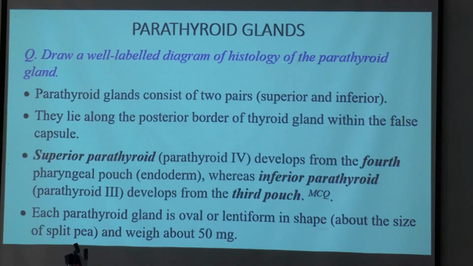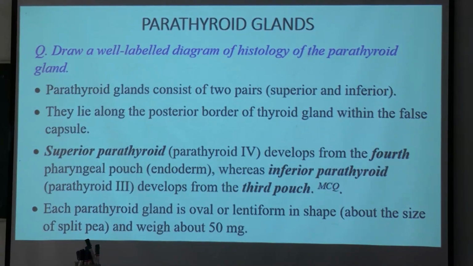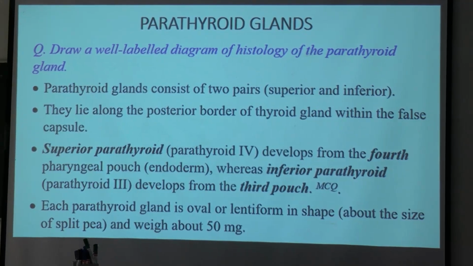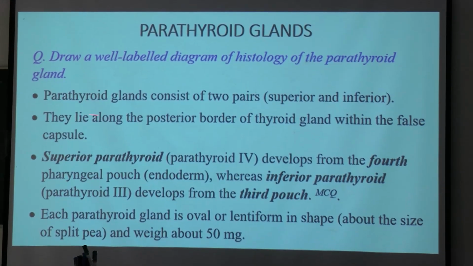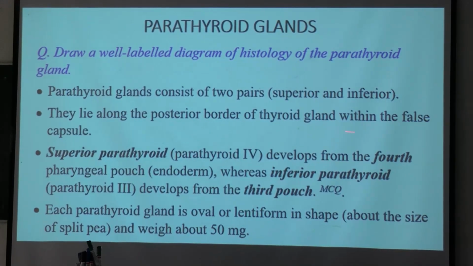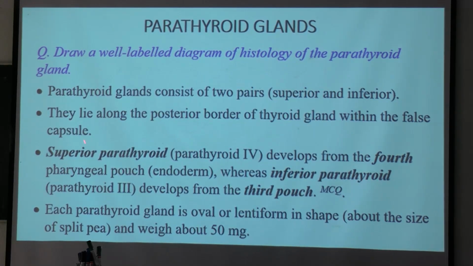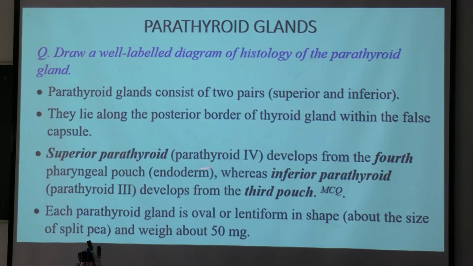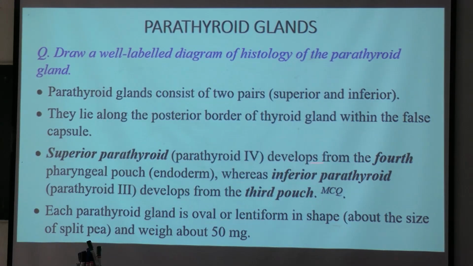So parathyroid glands, they consist of two pairs, superior and inferior parathyroid, and they lie along the posterior border of the thyroid gland within the false capsule. Superior parathyroid is also known as parathyroid 4, develops from the fourth pharyngeal pouch, endodermal pouches, whereas inferior parathyroid or parathyroid 3 develops from the third pouch.